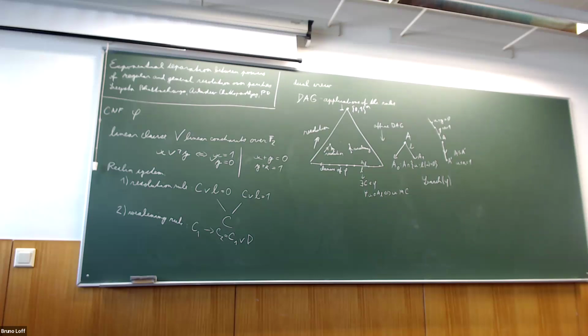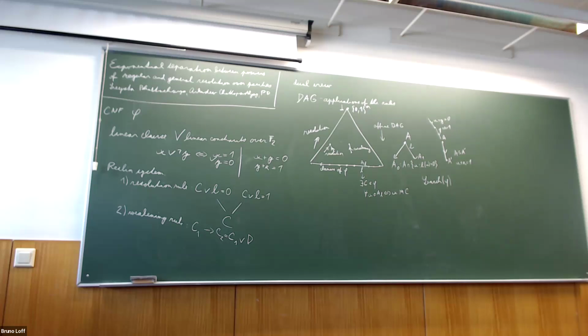For this search problem, the computational model I'm going to look at is these linear DAGs, affine DAGs. In these linear DAGs I can do two operations. I can either query a linear function, and then it splits, or I can forget some linear constraint, meaning I go into a subspace which contains the subspace I'm in.